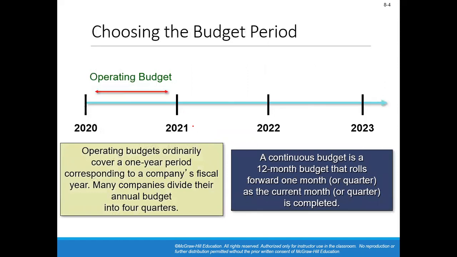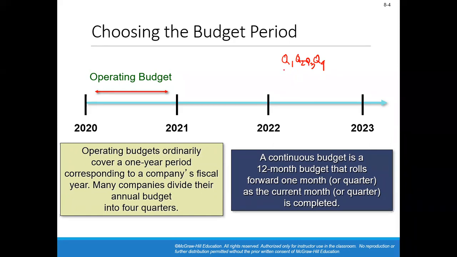So a continuous budget is a 12-month budget. It is also known as the perpetual budget that rolls forward 1 month or quarter. I gave you the example in terms of months. It can be quarters. Say in a year we have four quarters. So there are quarter 2, quarter 3 in this way.